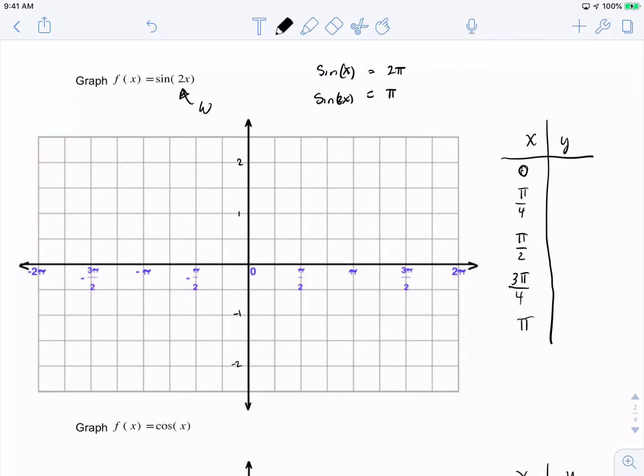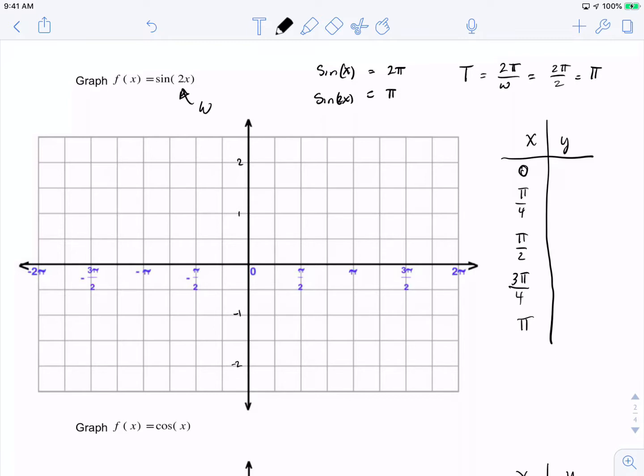So what ends up happening here is that 2 divides the period of sine. Really the way you could do it is 2 pi over the omega, which is 2 pi over 2. And again, remember period is T. Our period is going to be just pi.